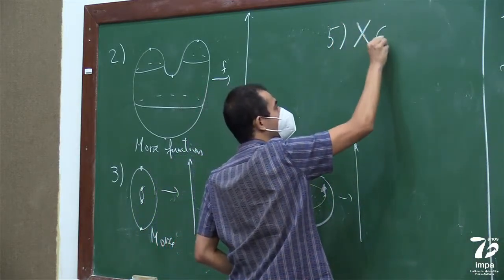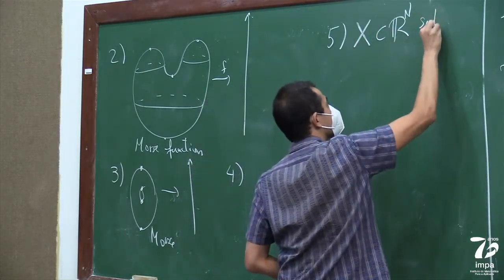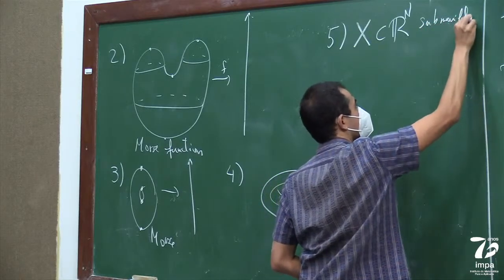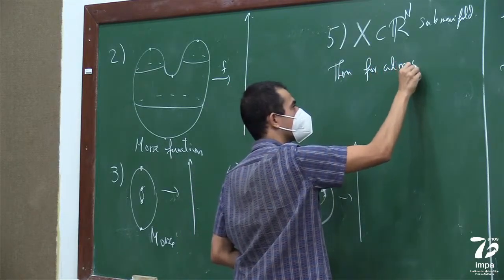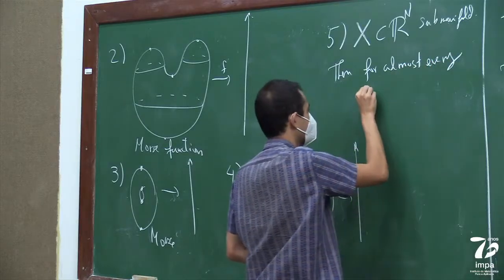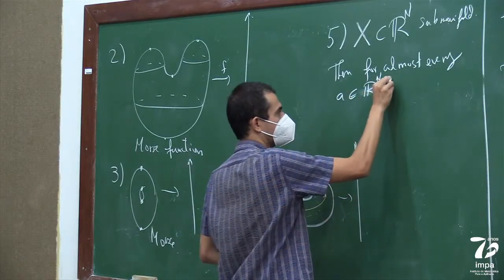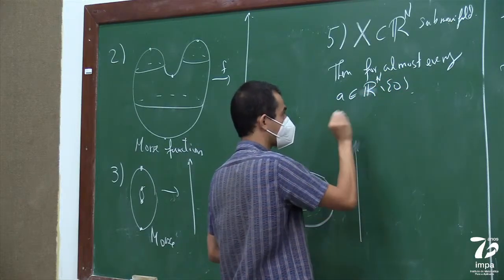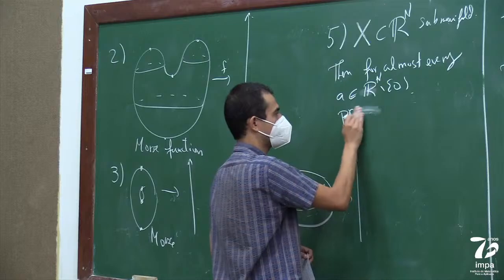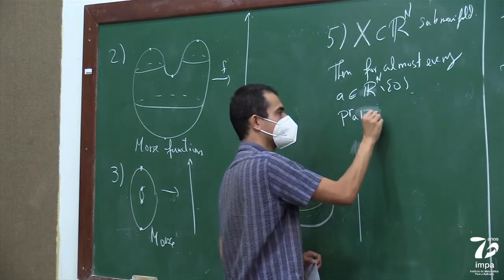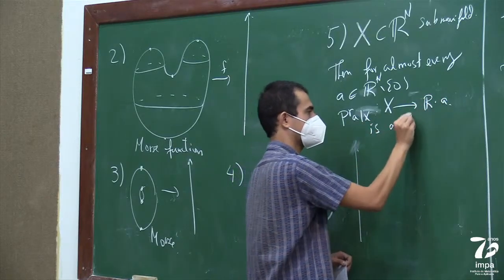If X is any manifold in Rn, so this is a submanifold, then for almost every A in Rn minus 0, the projection in the direction of A, restricted to X, so this goes from X into R times A, is a Morse function.